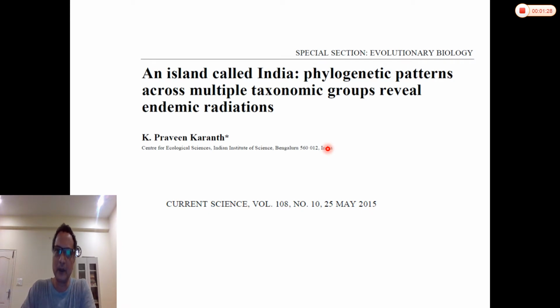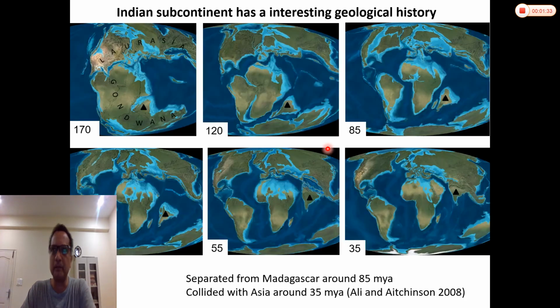Okay, so as we know, the Indian plate is geologically very interesting. I've talked about this before. India was part of the Gondwana supercontinent about 200 million years ago, and about 170 million years ago, this continent began to break apart. And India and Madagascar separated from West Gondwana about 120 million years ago.